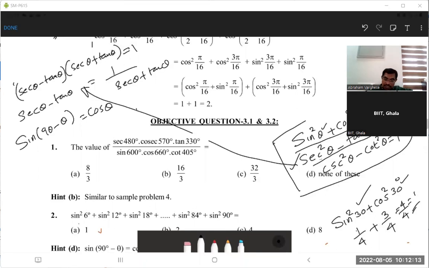Therefore, can you say sin square 84 in terms of cos? Sin square 84 is the same as cos square dash. Question: sin 84 degree equals cos dash.